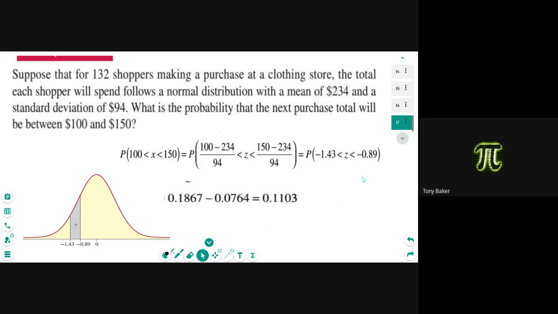And remember, probability is always going to be positive. If you type the numbers in backwards on your calculator, you just get the negative of that, negative 0.1103. You can't have a negative probability, so just get rid of the negative sign.